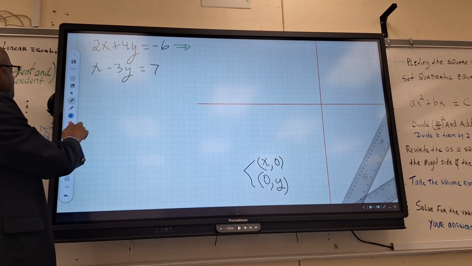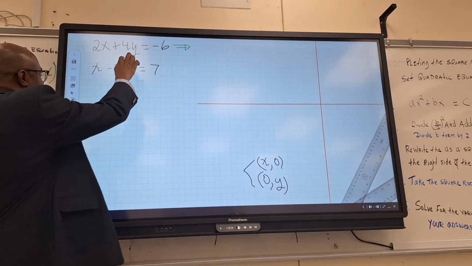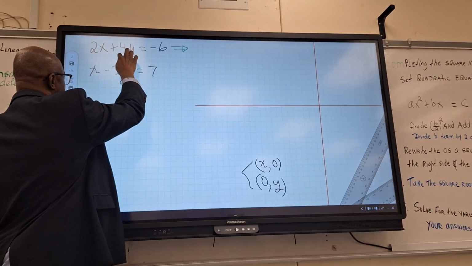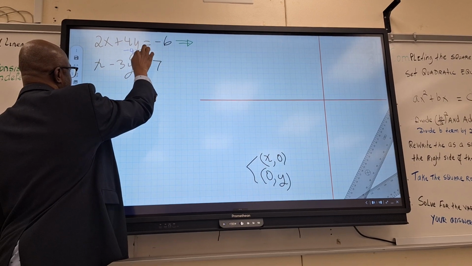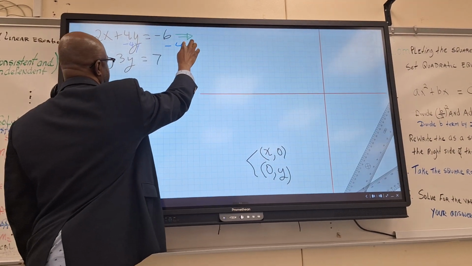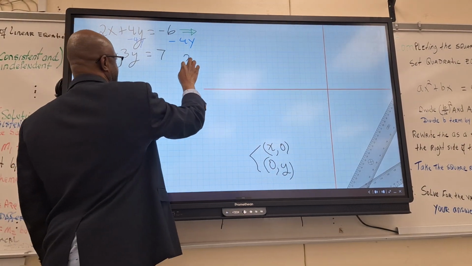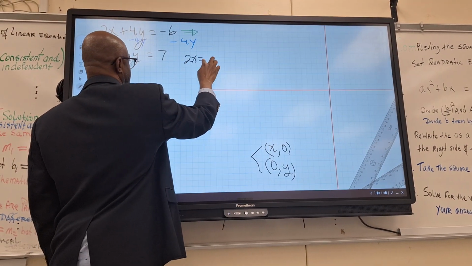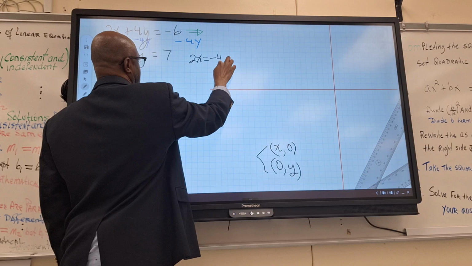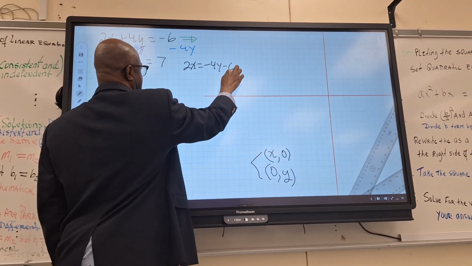What do we do? Move y to the other side. You will have to move 4y to the other side by subtracting it from each side. So you will end up with what? 2x equals negative 4y minus 6. And what do we do?